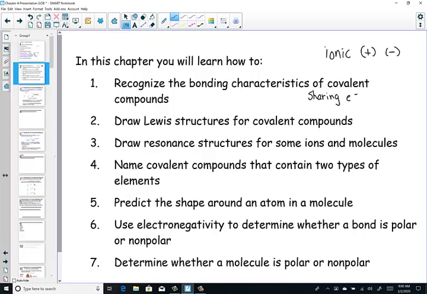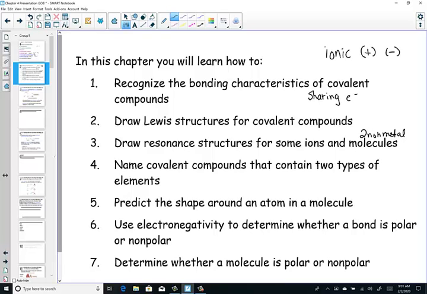We'll draw Lewis structures for these covalent compounds and begin to develop an idea that these molecules have three-dimensional views, that they're not flat on a piece of paper. We'll draw resonance structures for some polyatomic ions and molecules. Molecules, those nonmetals that are bound together. 2 or more nonmetals will create a molecular compound.